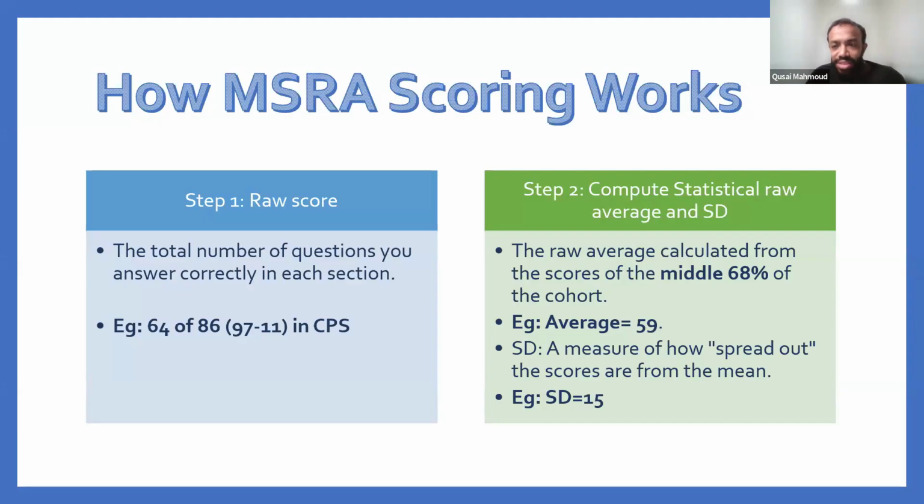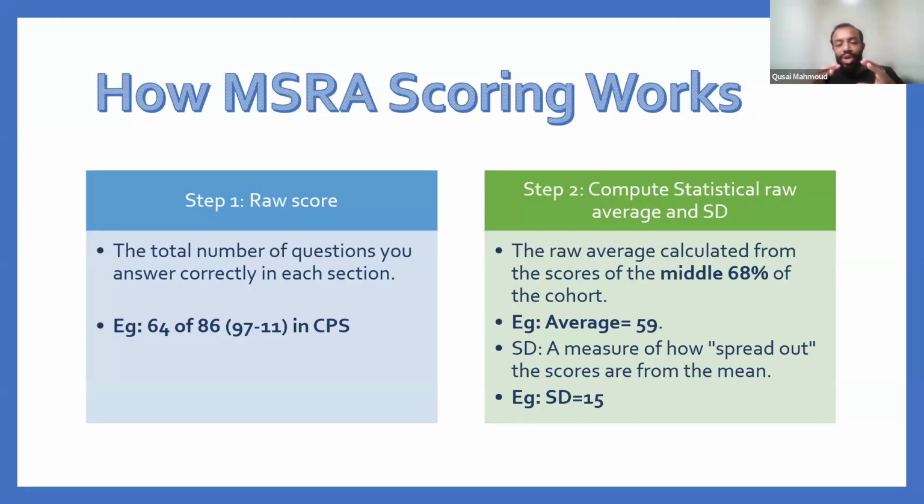Then the second step, they will use a computer to calculate the cohort statistics. What does that mean? Step 2, now your raw score was 64. Keep that aside. Now they are collecting the scores of everyone, and they are just taking the middle 68%.